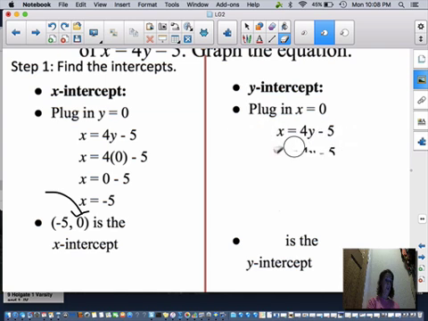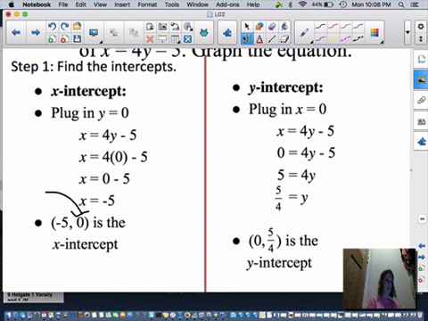This time I'm putting 0 in for x, so 0 equals 4y minus 5. We're going to add 5 to both sides to get the y by itself. So I have 5 equals 4y, divide by 4, so y equals 5/4. So again, we substituted 0 in for x, so in our ordered pair, it is 0, 5/4.